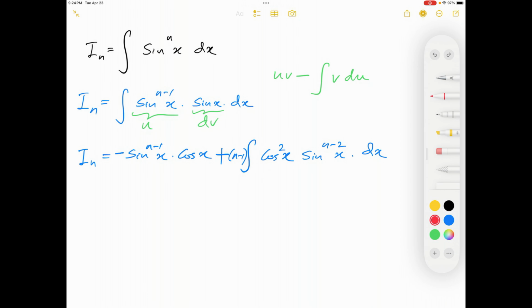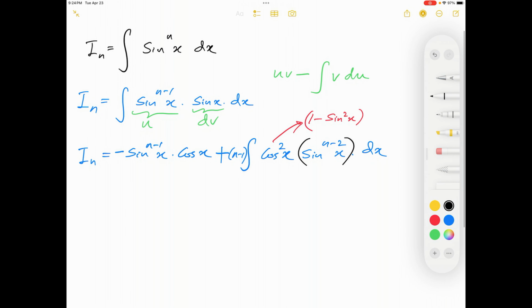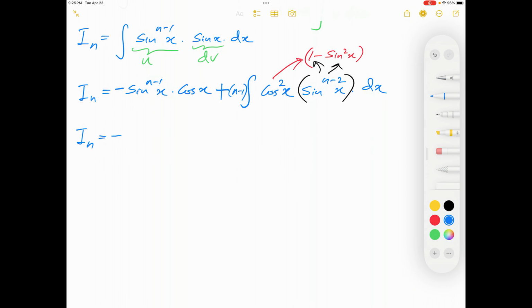Alright, now I have this cosine squared term. I'm going to replace that with 1 minus sine squared x. That's from the Pythagorean identity from trig. And then I will have to multiply sine n minus second power x with each of these two terms of 1 minus sine squared x. On the left hand side I have I sub n.